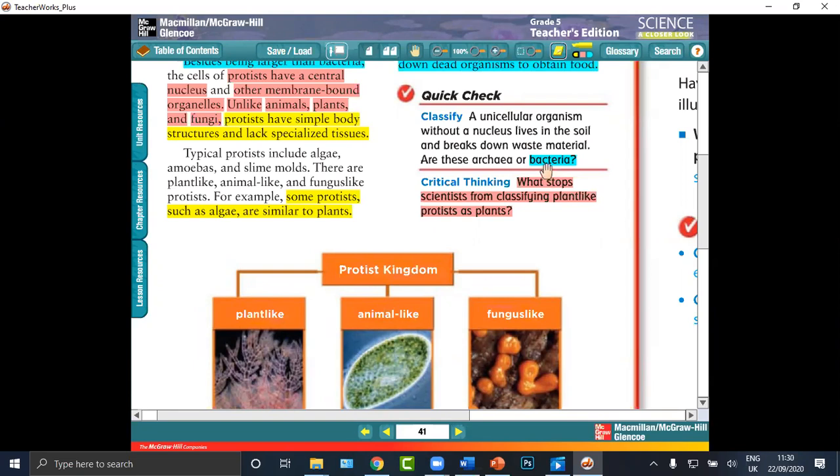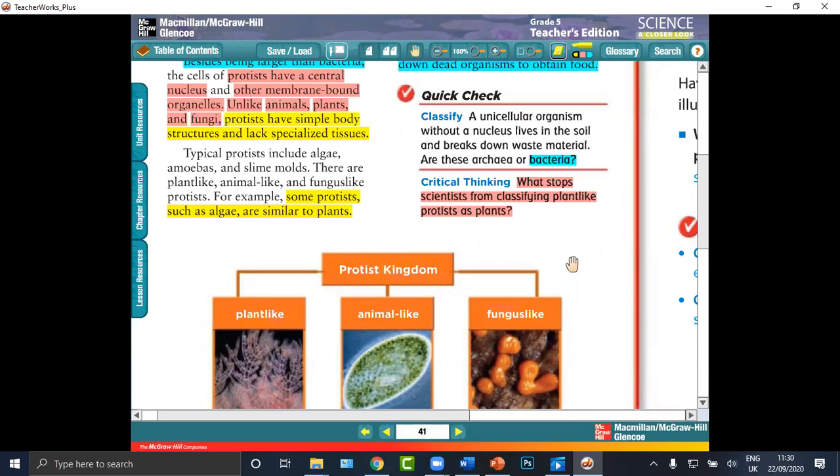This means bacteria. Why is it bacteria? The answer, it's a bacterium. It doesn't live in a harsh environment.